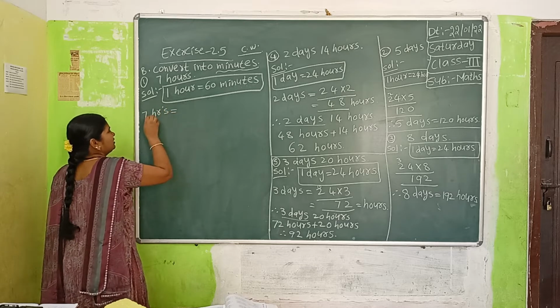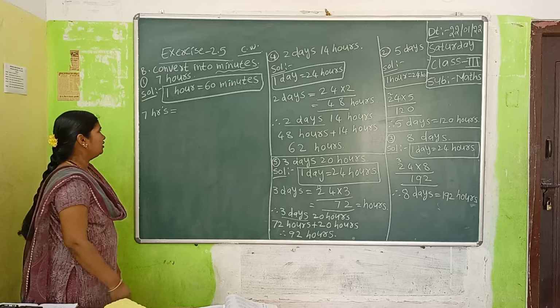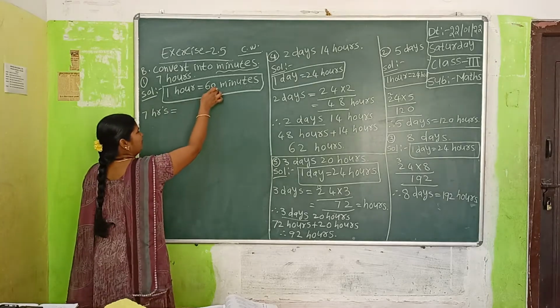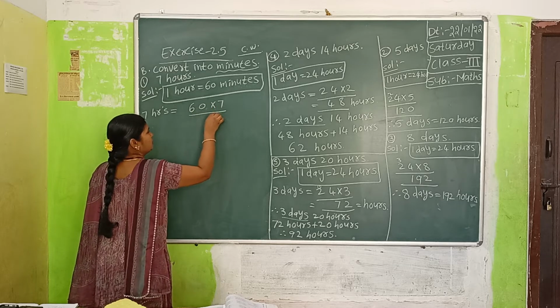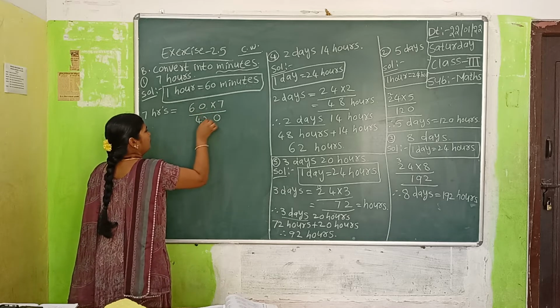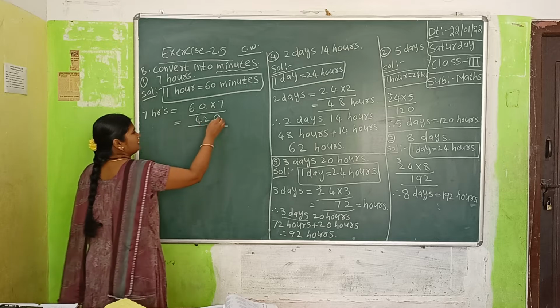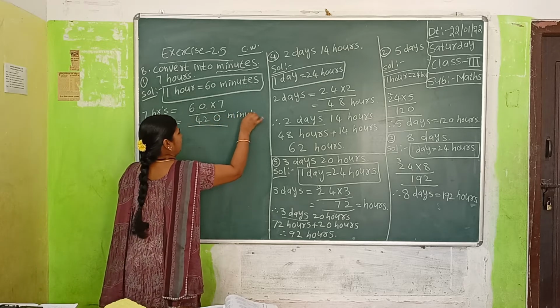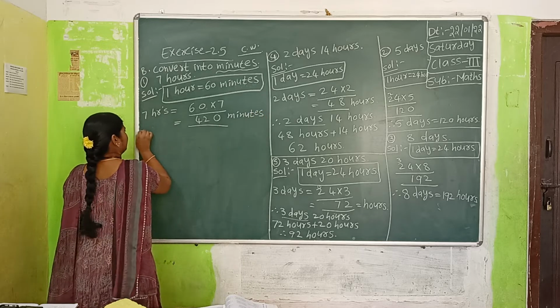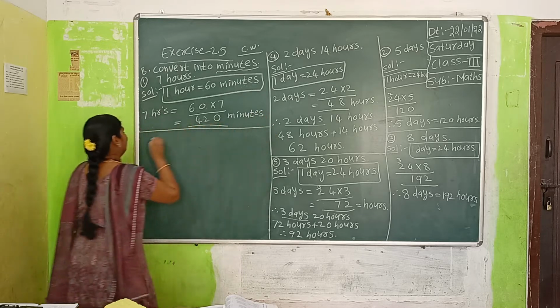As a shortcut I am writing hours, HRS. 7 multiplied by 60. 60 into 7. 7 into 0, 0. 7 sixes are 42. Therefore, 7 hours equals how many minutes, children? 420 minutes.